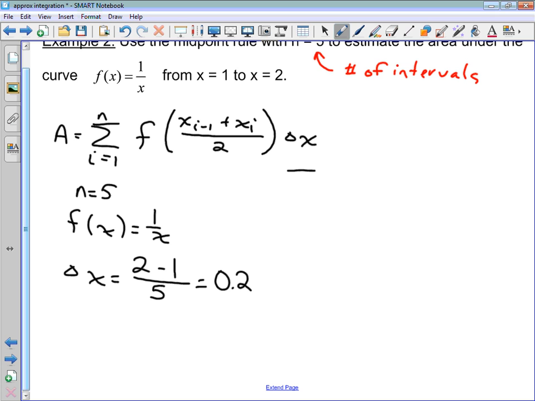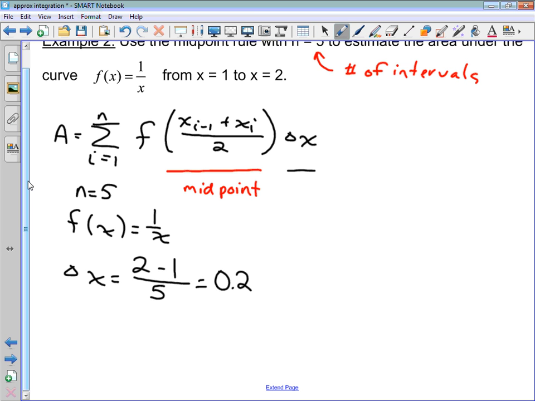Now, how would I set this question up? You could try subbing everything into the formula. What I might do is make myself a little table so I can figure out a little better what the midpoints are. Remember, this part of our formula represents the midpoint of each of our rectangles, and we want to evaluate the function at that midpoint value.